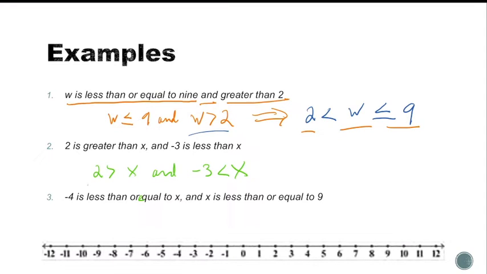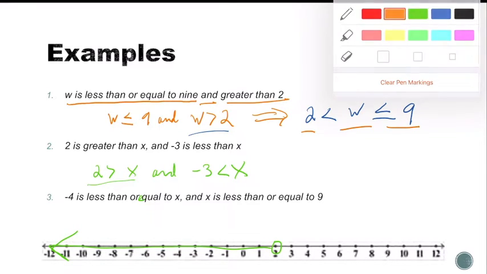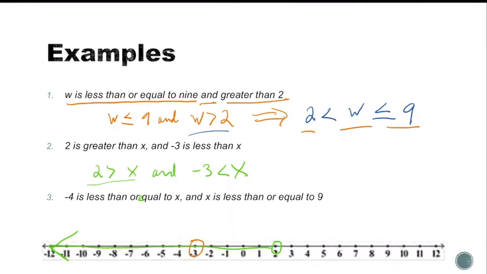So I have 2 is greater than x and negative 3 is less than x. Where is this overlap? If I want to rewrite it as a single inequality, it'd be negative 3 is less than x, which is less than 2.